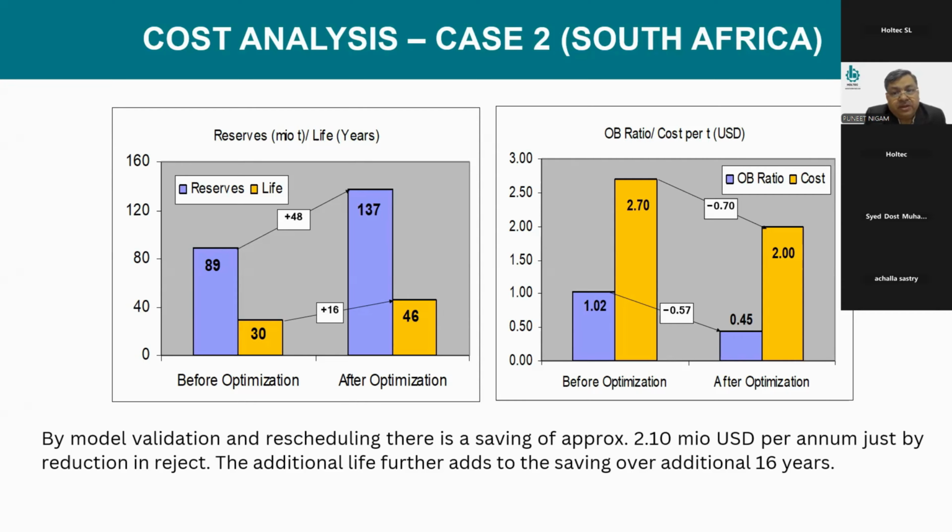On the right hand side, we have the OB and the cost per ton in million tons before optimization. By model validation and scheduling, there is a saving of approximately 2.1 million USD per annum just by reducing the rejects. In addition, it adds further savings over an additional 15 to 16 years.